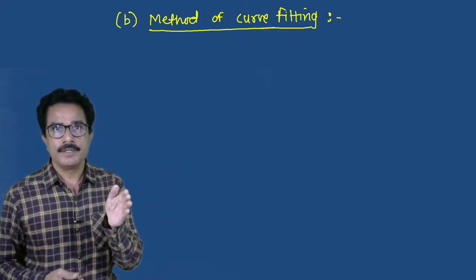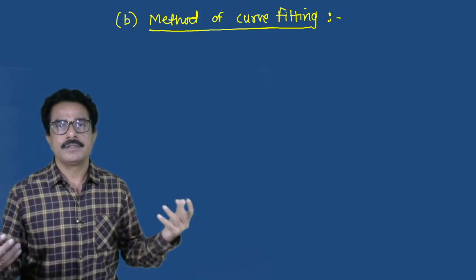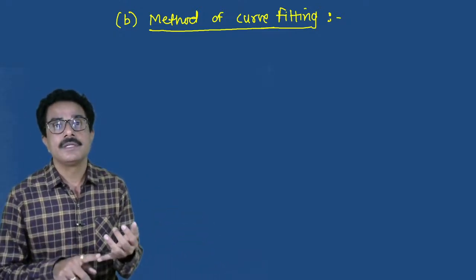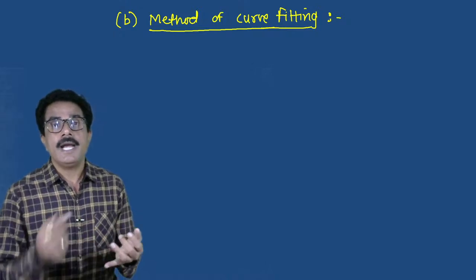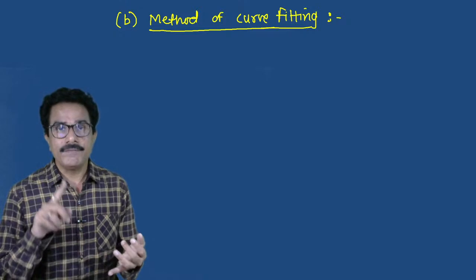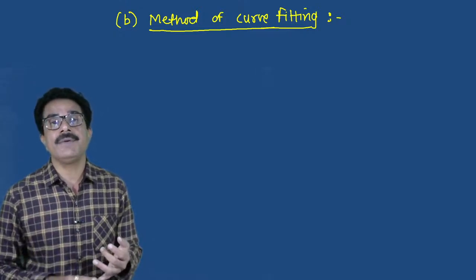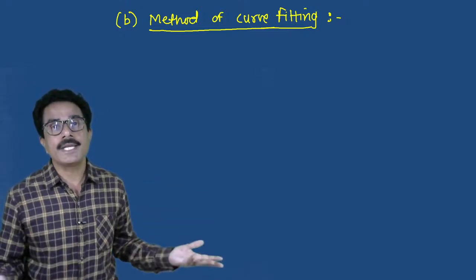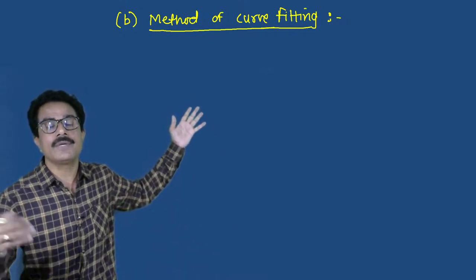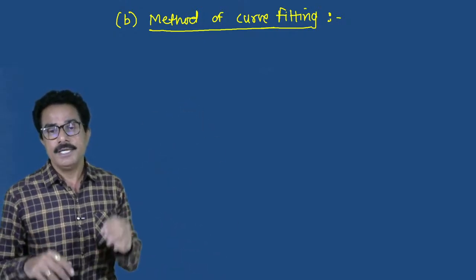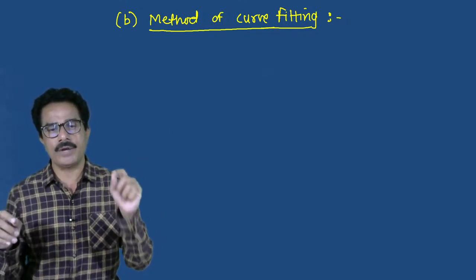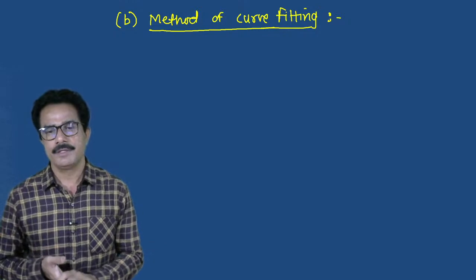If a function is given, then we can use this method. That means we need x and also f of x. If f of x is given, then we can find the unknown function.